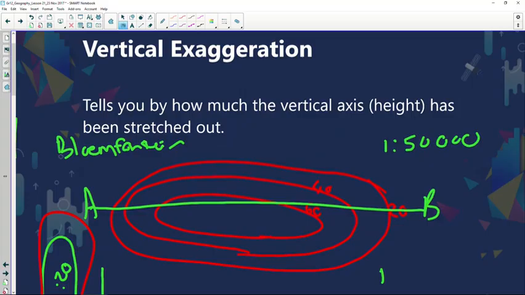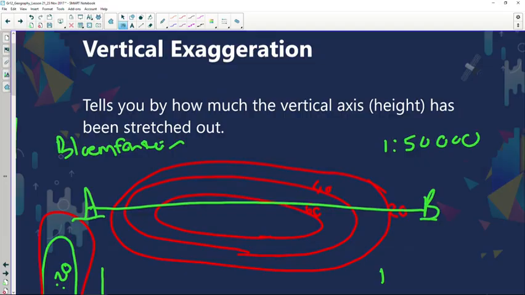I quickly want to go back to the cross section, and our next topic that I want to discuss with you is intervisibility and visibility. Intervisibility means if you are standing at point A, for instance over here, and I'm standing at point B, will we be able to see one another?